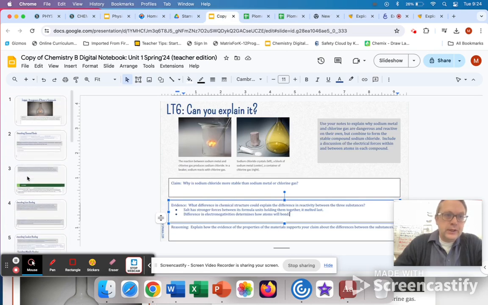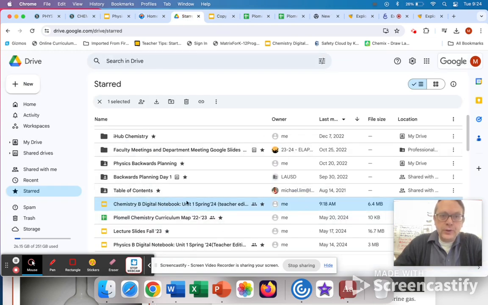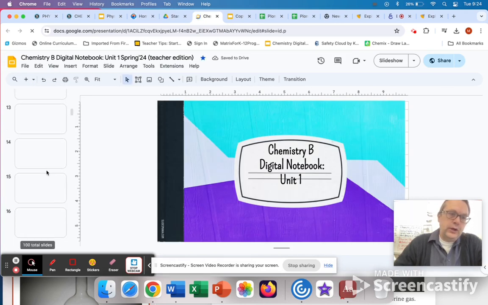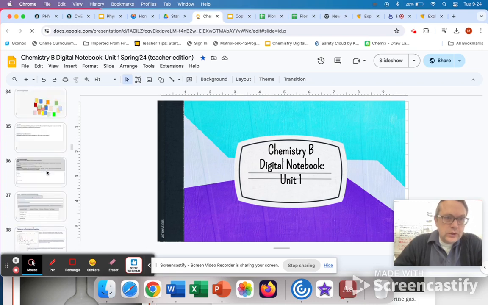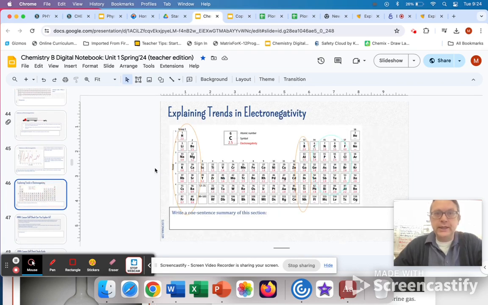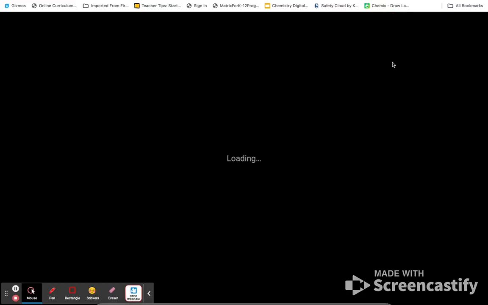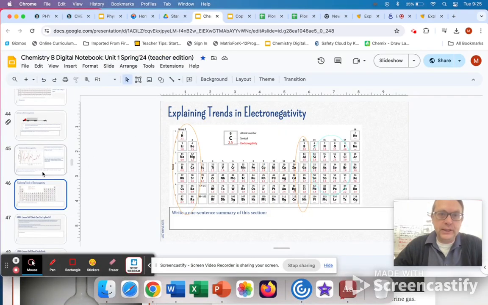Let me open this again. Okay, slide 43 has atomic radii. 46 has electronegativities. If I find sodium, which is 0.9, and chlorine, which is 3.0, I can see chlorine is much higher than sodium. In fact, most of these ones way over here are higher. We talked about that in a previous lesson.